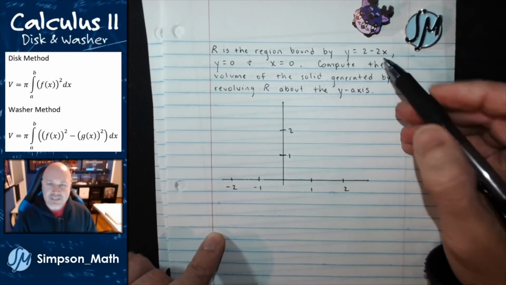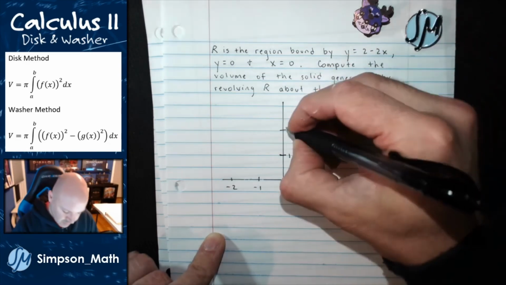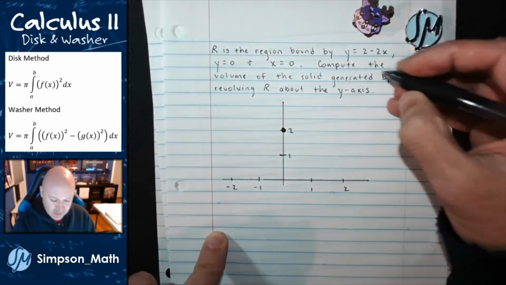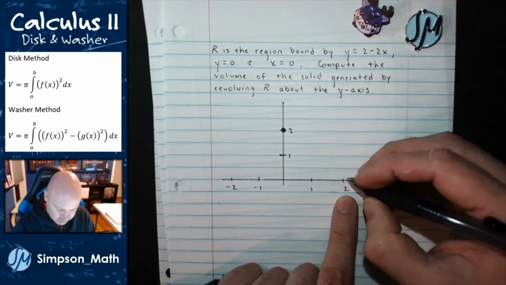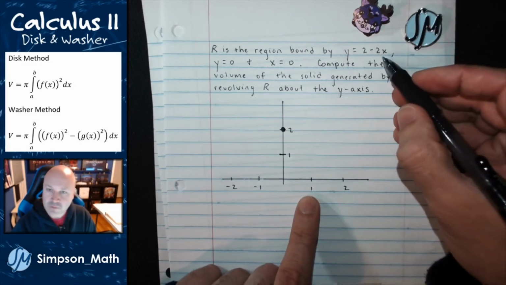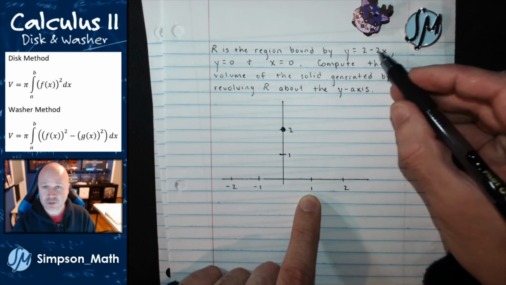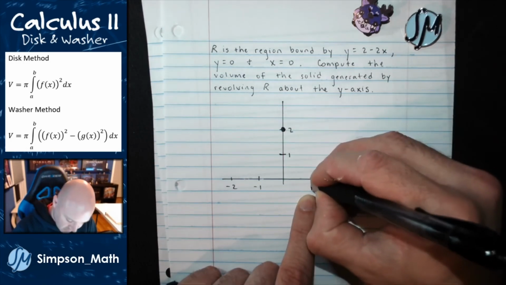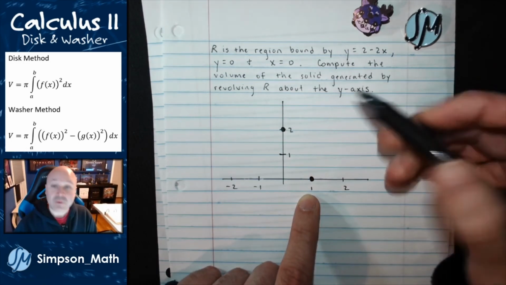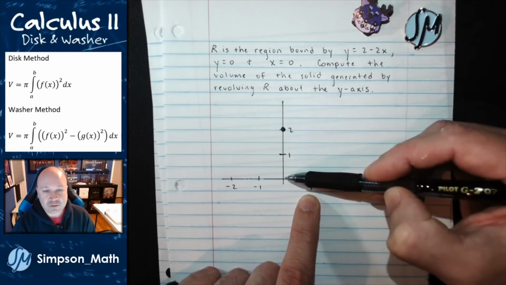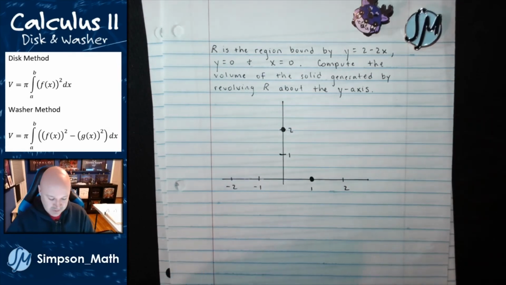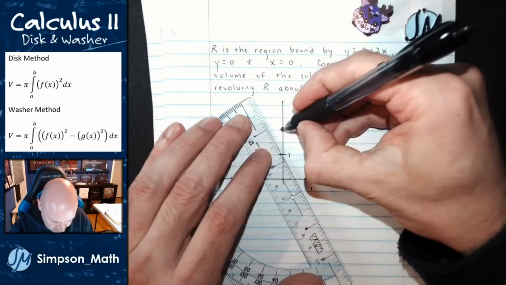That line crosses the y-axis at 2. And then I go down 2 over 2. I'm sorry. Let me see. If I plug in 1, 2 minus 2 is, oh, it cuts off faster than I thought. Oh yeah, slope of negative 2, down 2 over 1. Yeah, I'm glad I zoomed in because I'm done now. That's it.